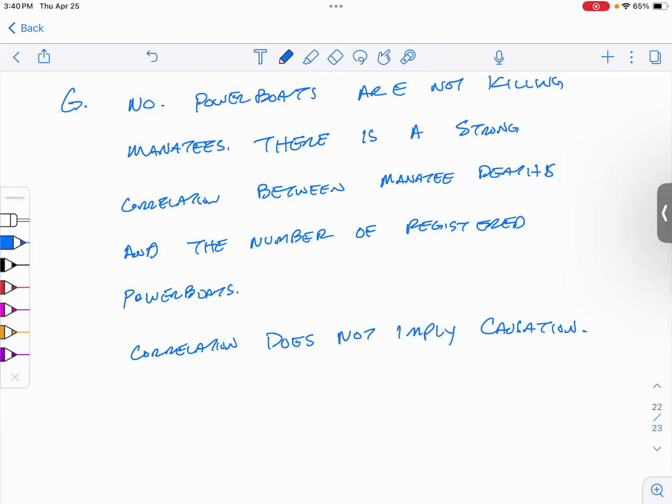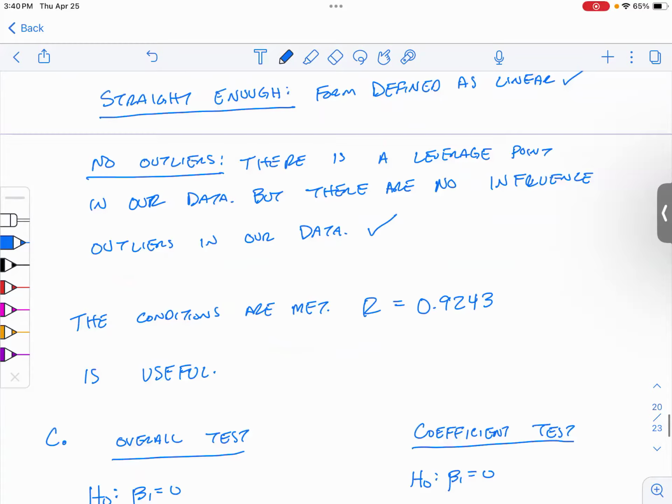An underlying factor is actually causing both of those things. And so it's super important, no matter the strength of the correlation, and this was high, this was 0.92, almost a 1, a very strong correlation, you can't say one thing causes the other. It's real tempting. Make sure you don't make that conclusion.